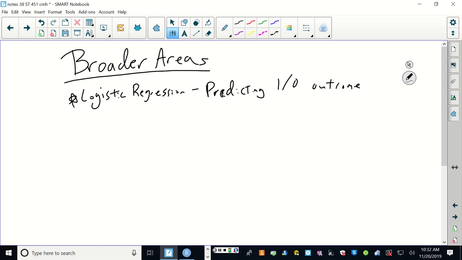Just like regression, but with the constraint that we want outcomes to be 0 and 1, and we want our probabilities to be between 0 and 1. So we use this logit transformation. But there are many other areas that we won't really be able to touch on.